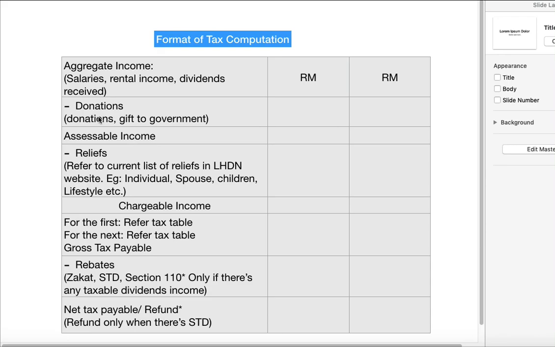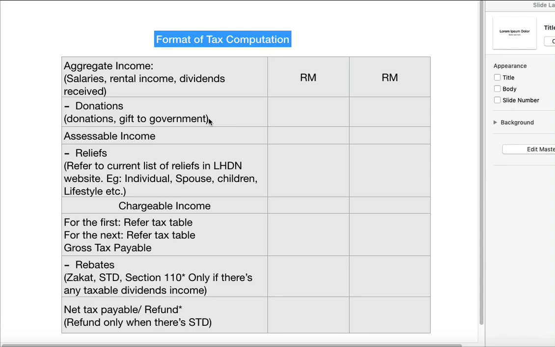Any types of donations, for example donations to YAPIM or donations to MAKNA, Majlis Kanser Negara, or given to the government. So for these types of donations, what is allowed, you can deduct here.